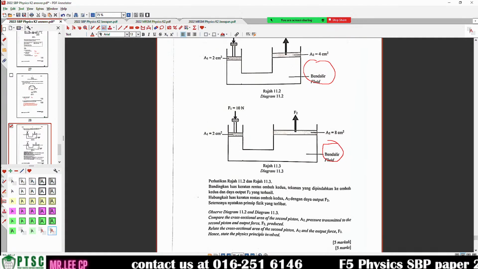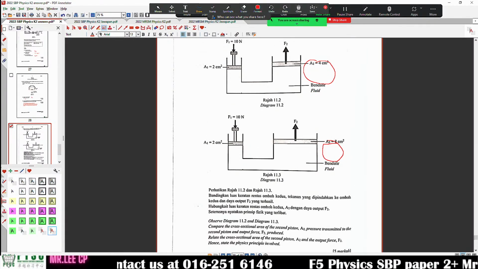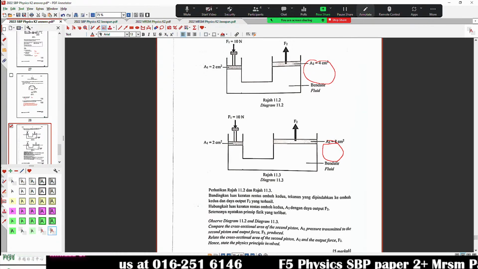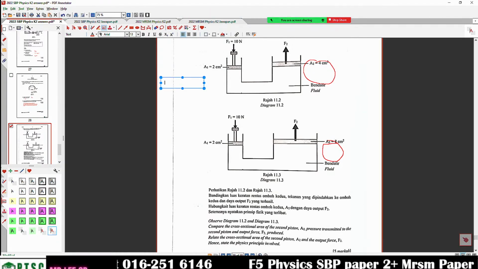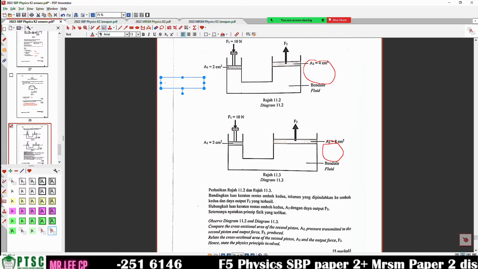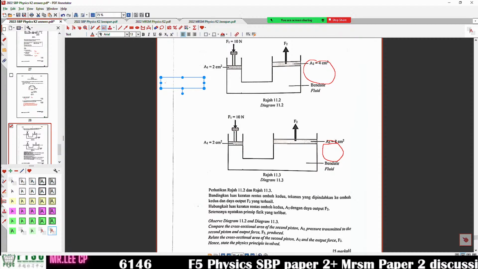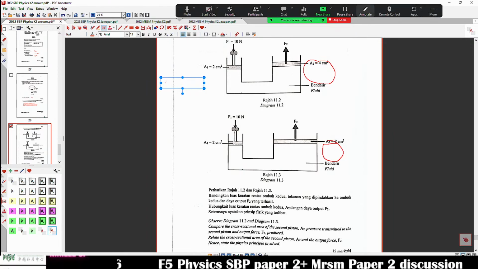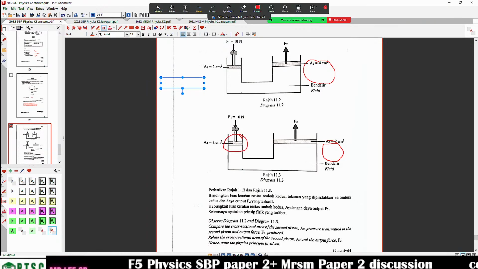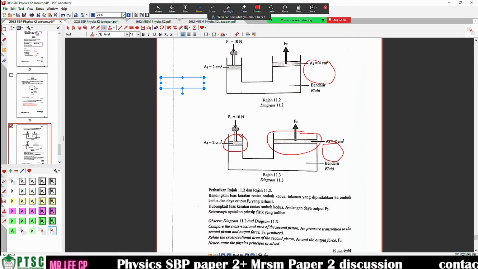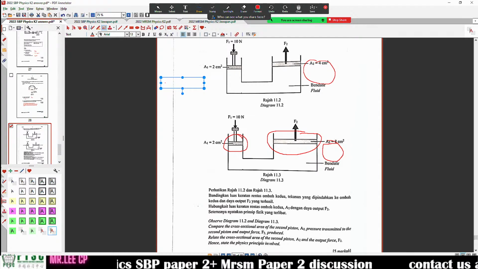Compare the cross-sectional area. Okay, I answered it here. Not this one and this one, no, the second piston. Cikgu, the second piston is bigger than the first piston.